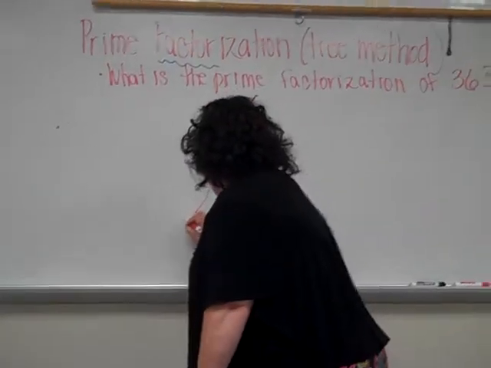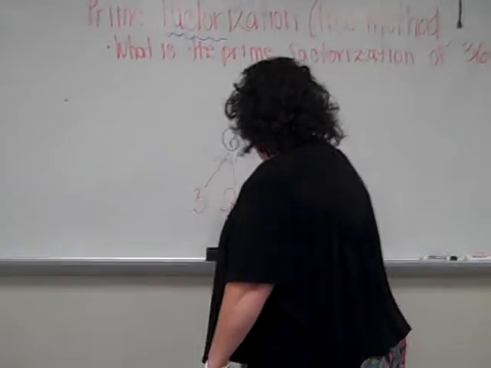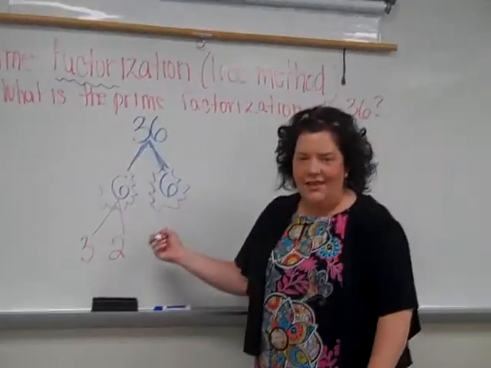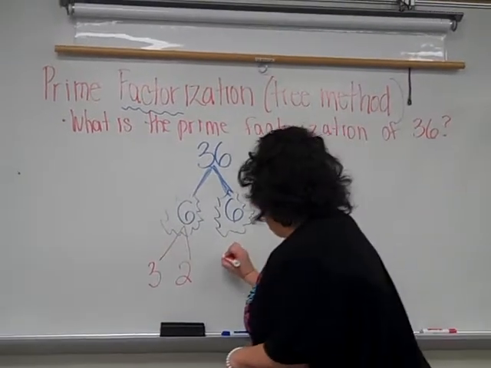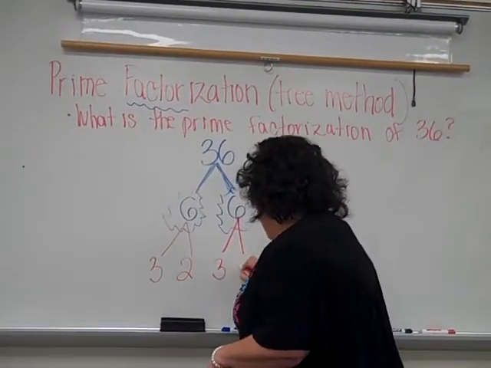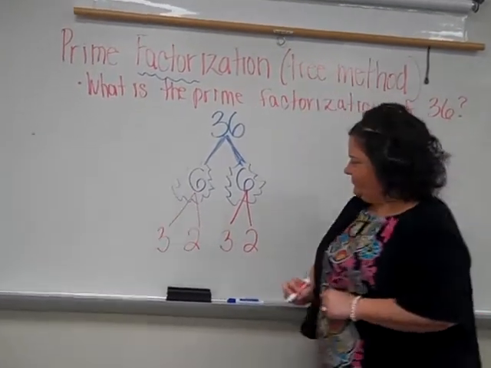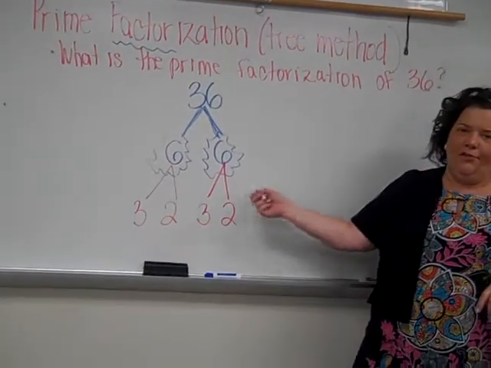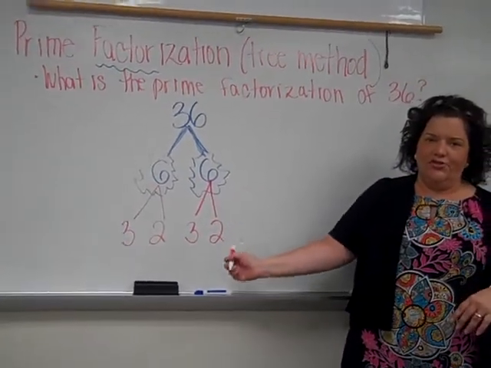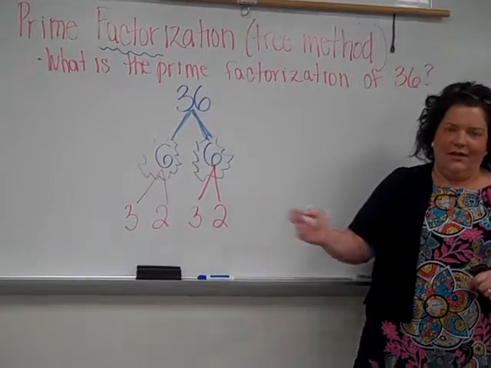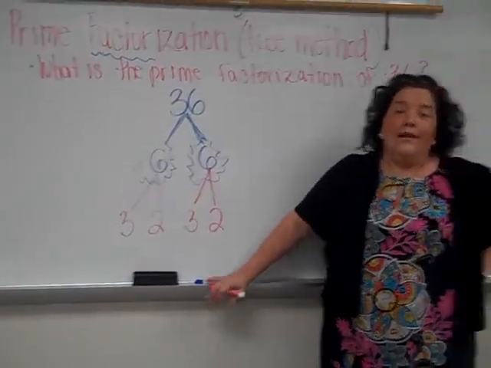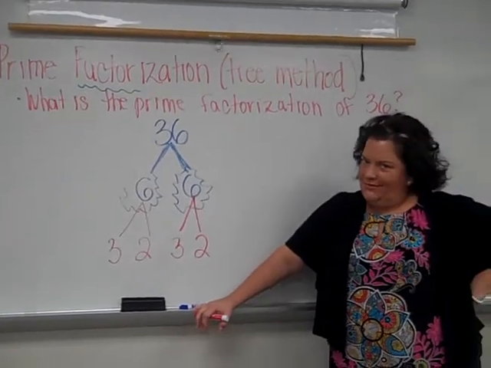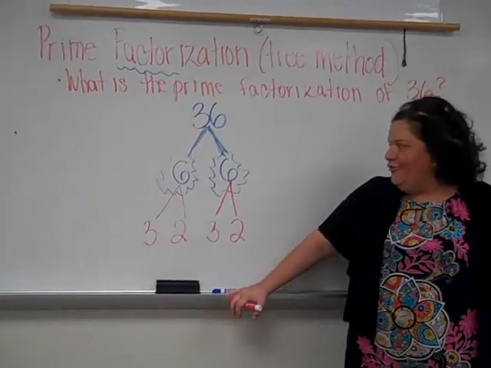Yeah, so down here, I'm going to put a 3 and a 2, and I have to do the same thing for the other number in the factor pair. And I don't care if you put your little tree outline, leaf outline on those factor pairs as well. We are done, almost, with our prime factorization.